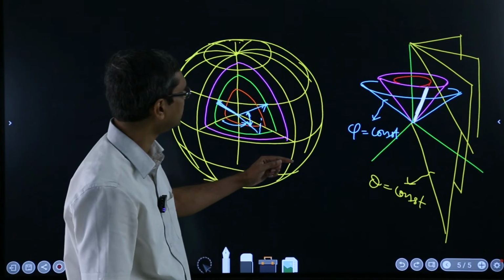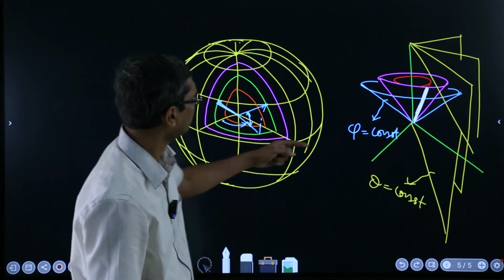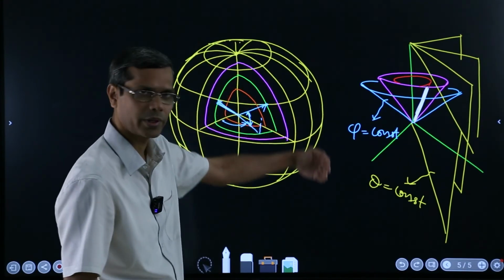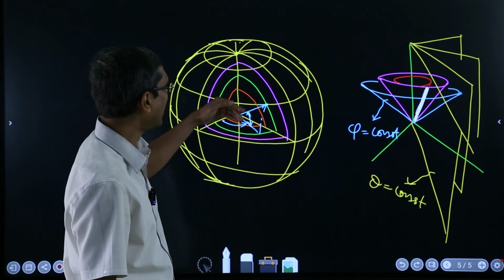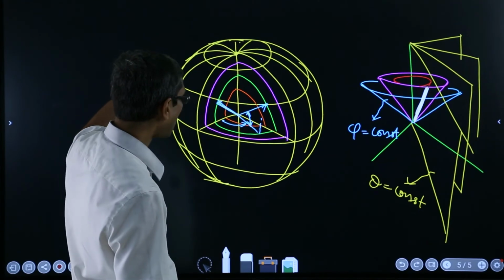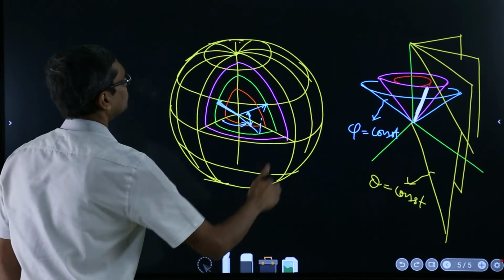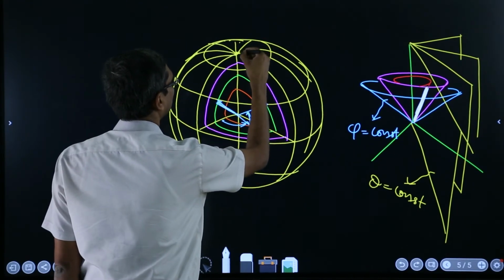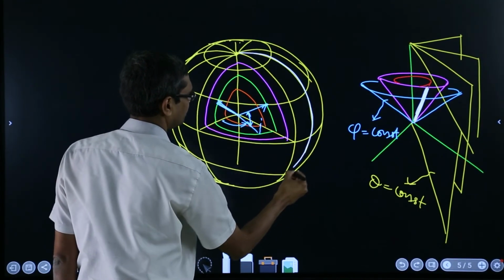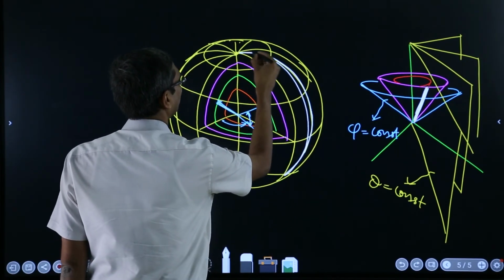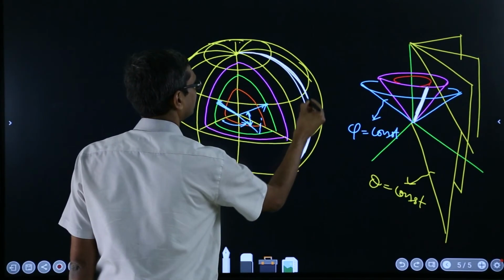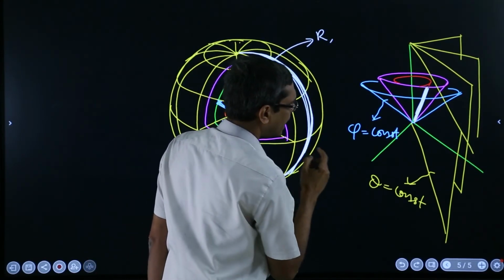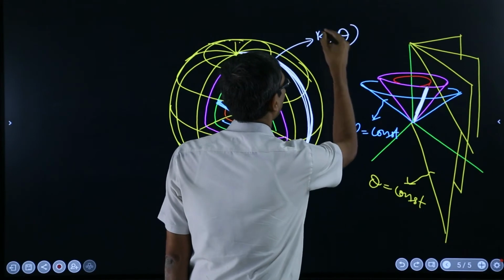So phi constant, no, theta constant. Theta constant is a plane perpendicular to the xy surface, and r constant is a surface. So these lines, if I draw here, suppose this line here, on that both r and theta are constant.